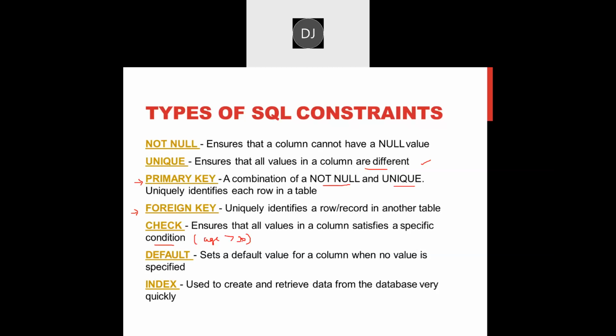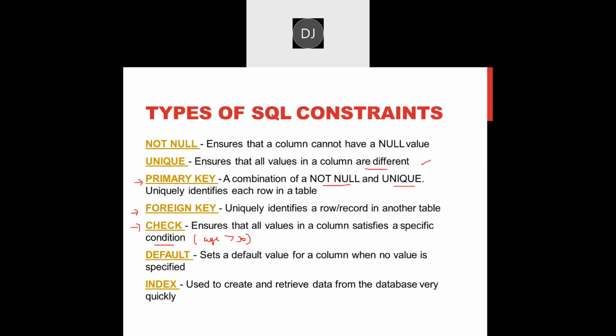We will do an example, don't worry. If age is greater than 30, then it will always check. If you try to insert values for age less than 30, then it will throw error. So if you want to keep any conditions while inserting the values, you can give the check condition also.